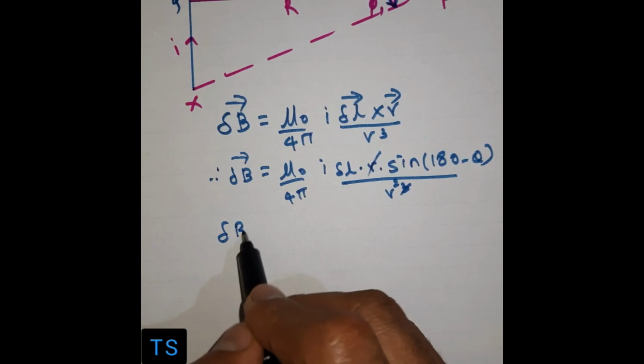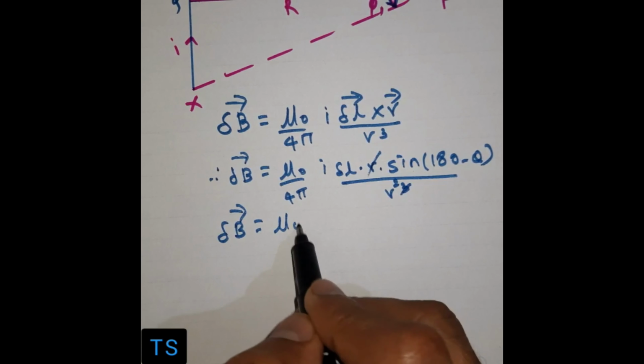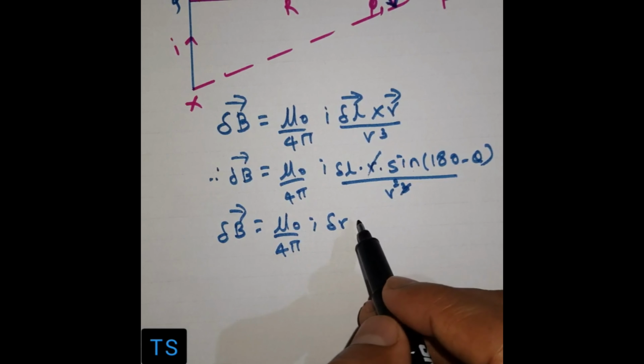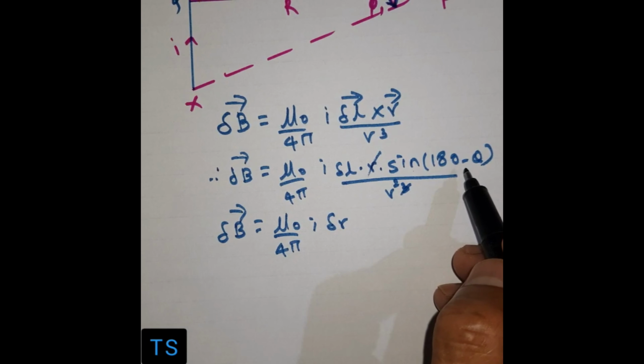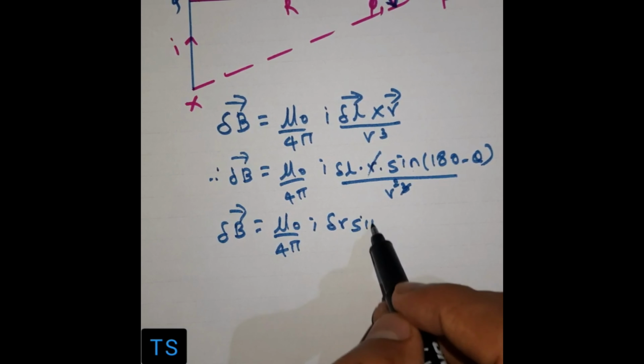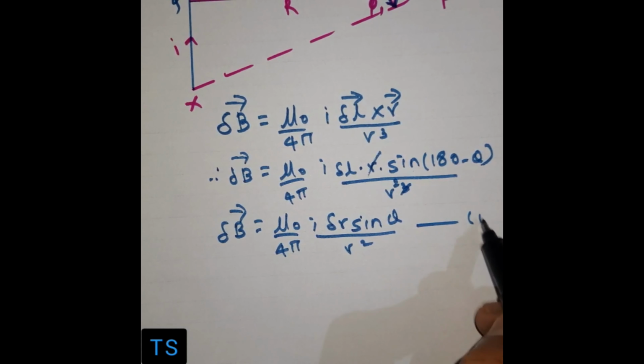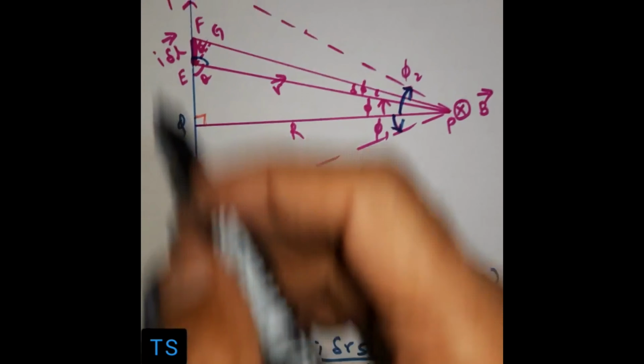So delta B equals mu naught upon 4 pi, I delta L sine of 180 minus theta, which will give me sine theta, upon R square. This is my equation number 1. Using this equation, we have to derive the magnetic field for the whole conductor XY.